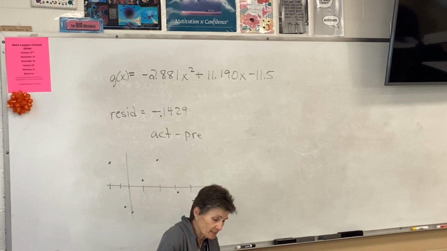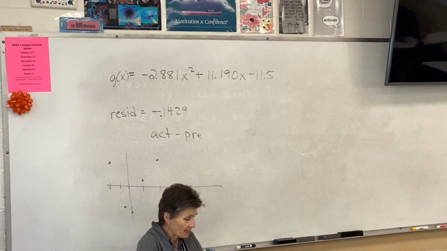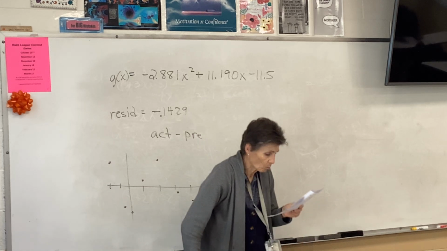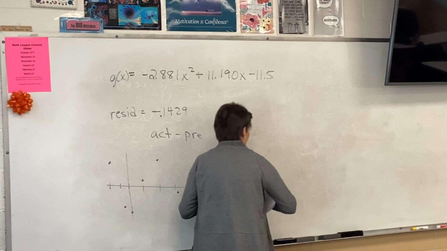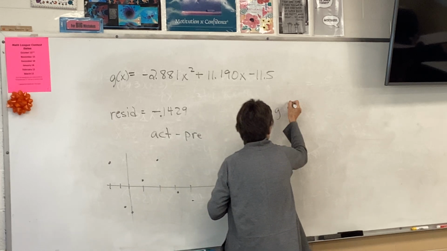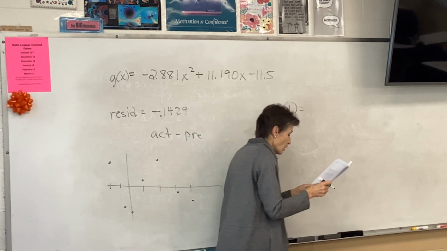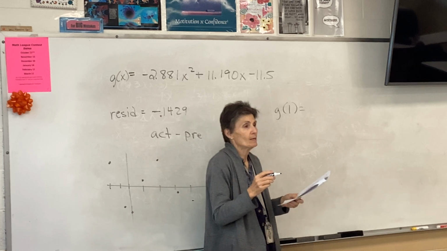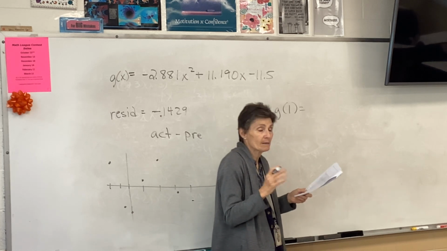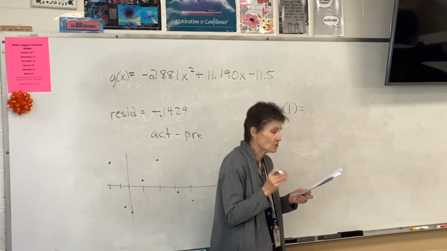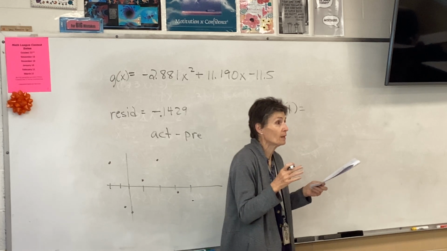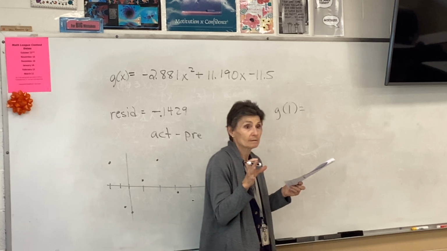Selected values of a continuous function are shown in the table. Use the values in the table to answer the questions. We're going to find g of 1. Now, we've talked about this before, and you know how crazy I get when we make this problem harder than it is. It says find g of 1, so we're just going to plug in 1, right?